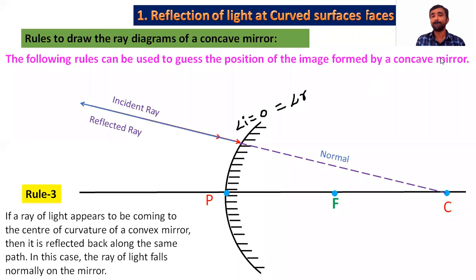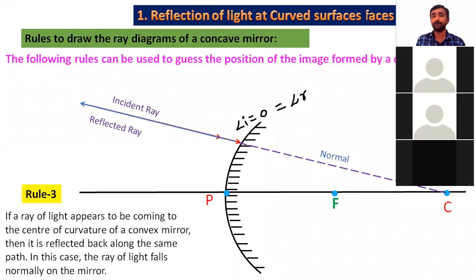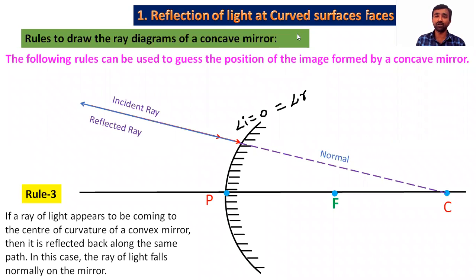Am I clear? Right. So these are the rules, R1, R2, R3. What is R1 here? R1 is parallel to the principal axis. What is R2 for a convex mirror?